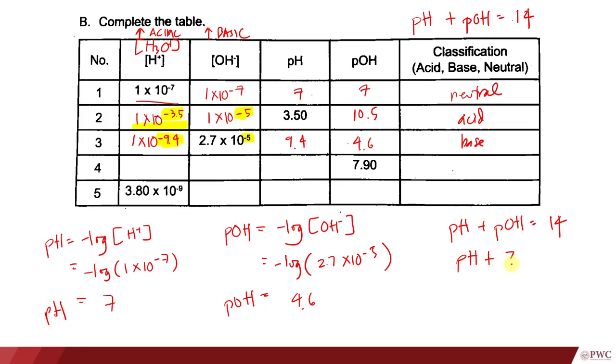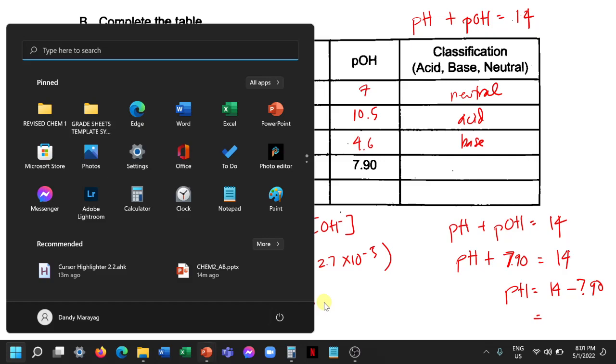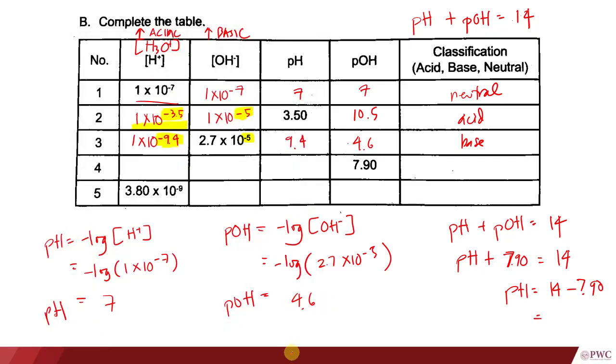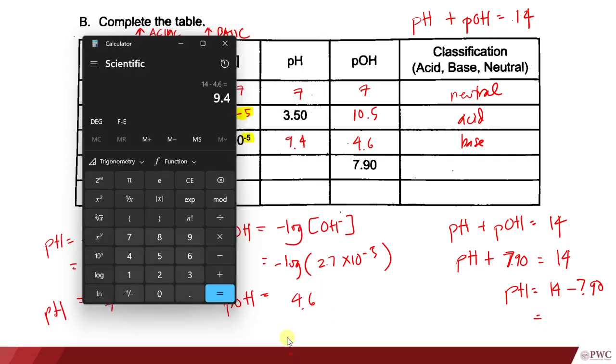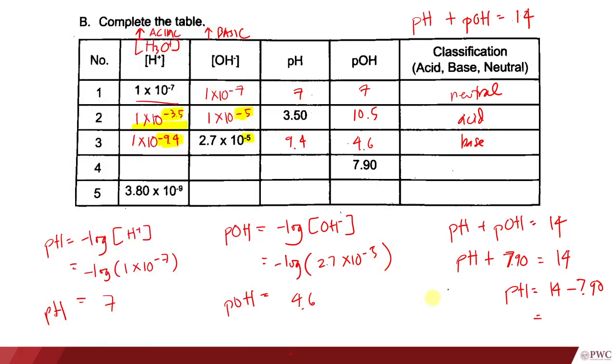The pOH is 7.90. To find out the pH, simply subtract 7.90 from 14. That's 14 minus 7.90, which is equal to 6.1. So the pH here is 6.1.